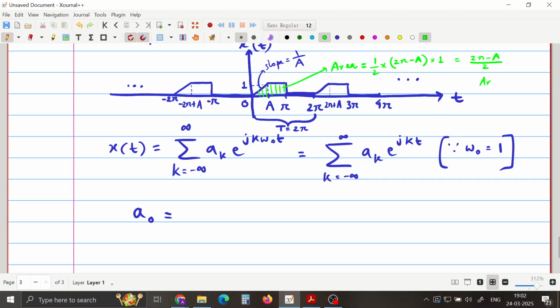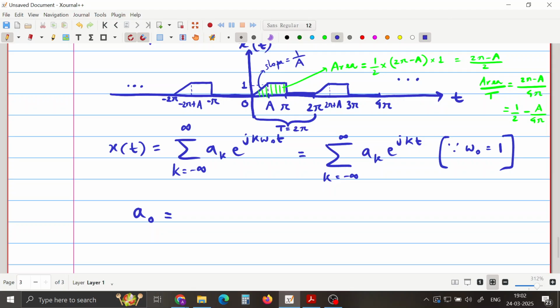So area divided by capital T will give you 2 pi minus a divided by, you already have a factor of 2 in the denominator, then you are further dividing by capital T, which is 2 pi, so you'll have 4 pi. Which is nothing but half minus a by 4 pi. Okay, so this is what you are supposed to get.